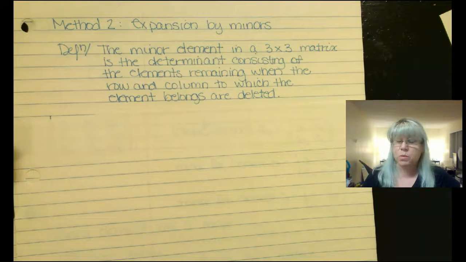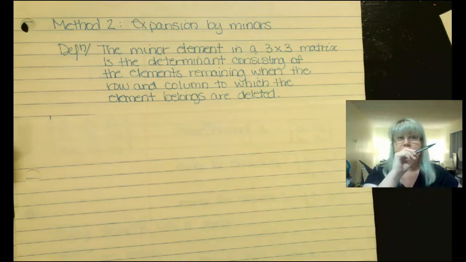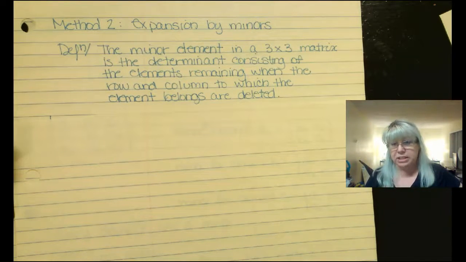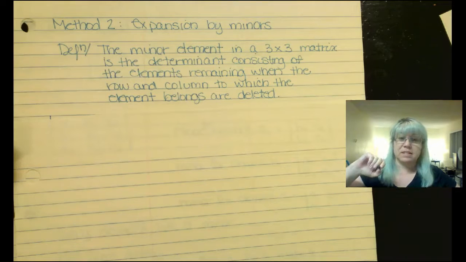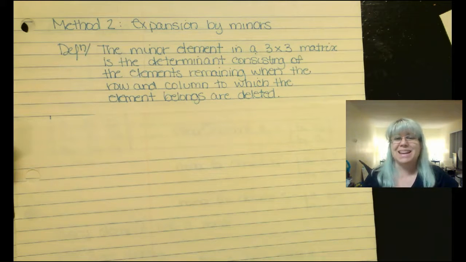Okay, so the first method was you rewrite the first two columns and the diagonals down will be addition and the diagonals up will be subtraction. That's method 1. Method 2 is we're going to expand by its minors. Here are the minors.